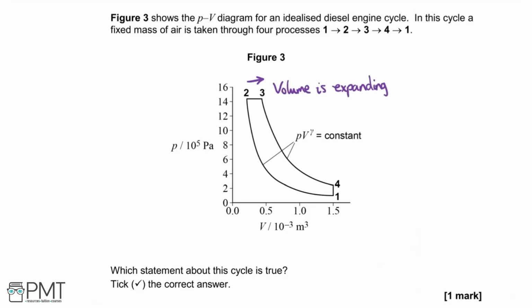So the gas is doing work. There is no energy being transferred to the gas through work. Otherwise it would be compressing, getting smaller. So the only way in this situation that energy is transferred to the air is by heating. Now you don't need to explain this for the question, but you need to tick the correct box, so that's your 1 mark.